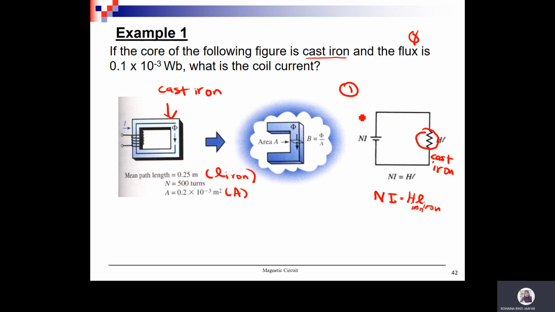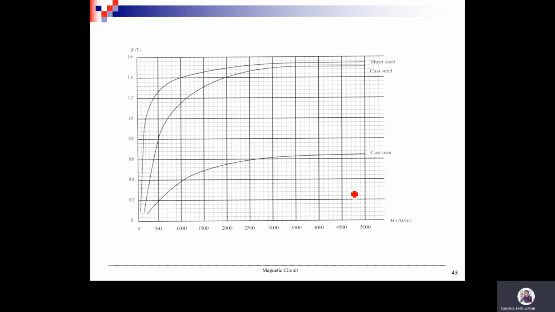Okay, so first step, you have to draw the equivalent circuit of your magnetic circuit, and then the second one, you have to write the Ampere circuital law formula. This one is already given, the BH curve, as your reference to solve the question.